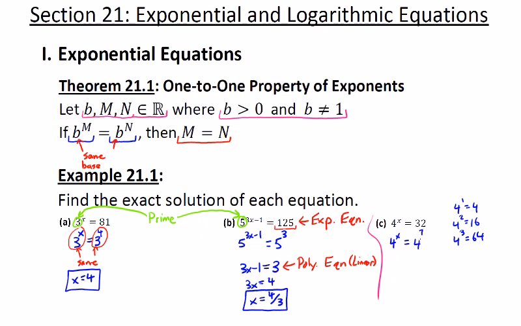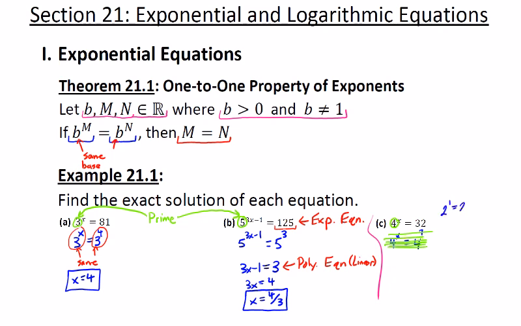But 4 is not a prime number. So trying to rewrite 32 with a 4 is not going to be the appropriate way to do this. So we're going to nix that idea. But instead, try to think of a base that works for both 4 and 32. So let me erase all this 4 work, and let's think about maybe something else like 2.